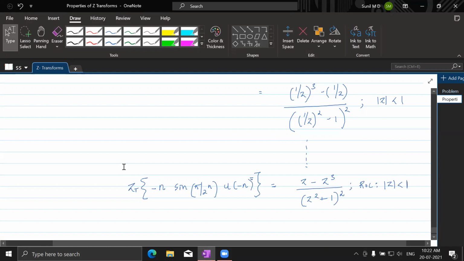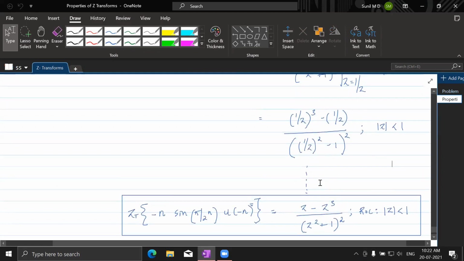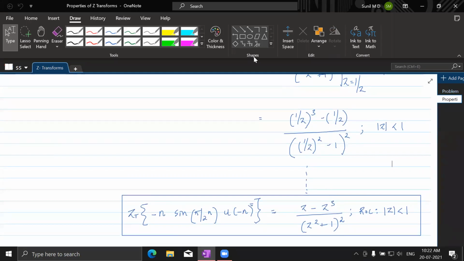Just try to get this yourself. So this is your answer. Fine. So do this yourself and you'll get to see it. Fine. So let's stop here.